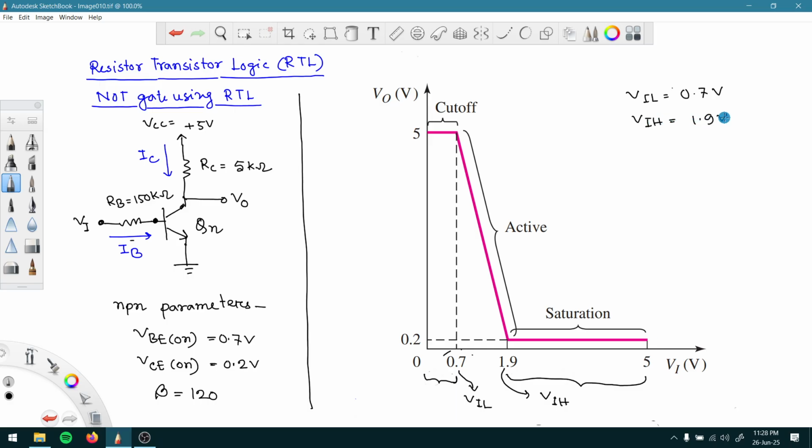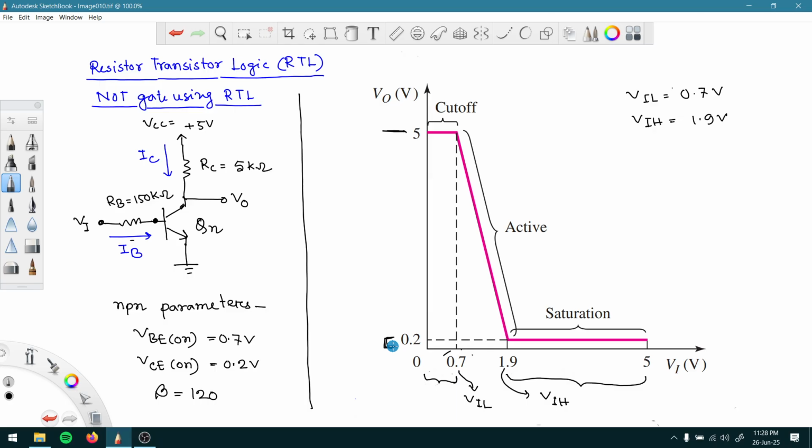And let us talk about the output. For output, the allowed range of voltage for logic high is just this 5 volt. There is no range, right? Directly this region is for logic high, and this region from 0.2 to 0 volt is the allowed range for logic low for the output, right?